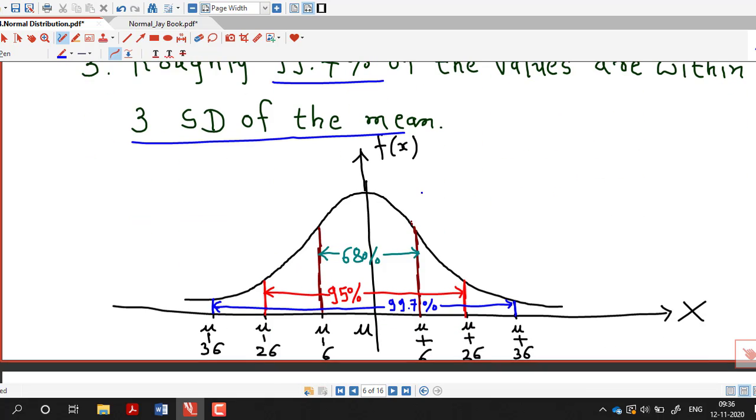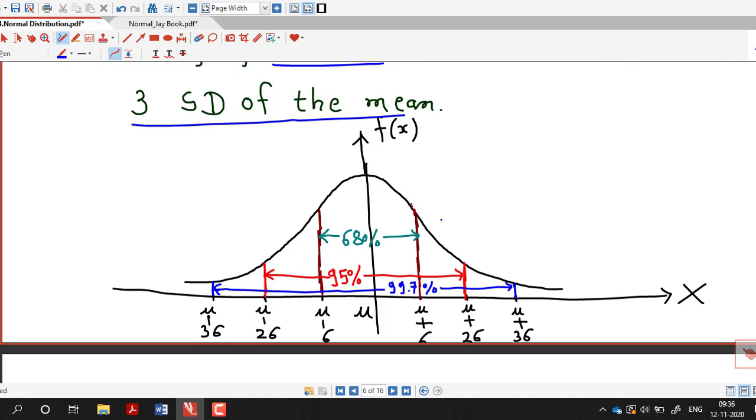So we can represent this in graphical form also. This is the value of mu, and if this distance is sigma, this is going to be mu minus sigma, this is mu plus sigma. This distance is mu plus 2 sigma, so here mu minus 2 sigma, and so on.